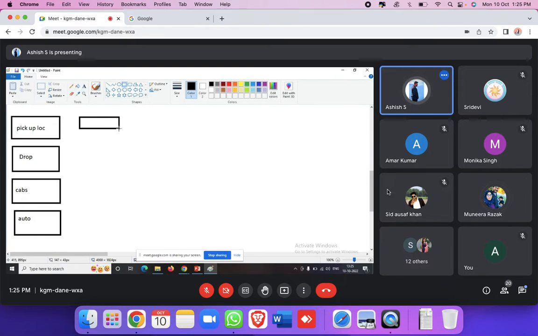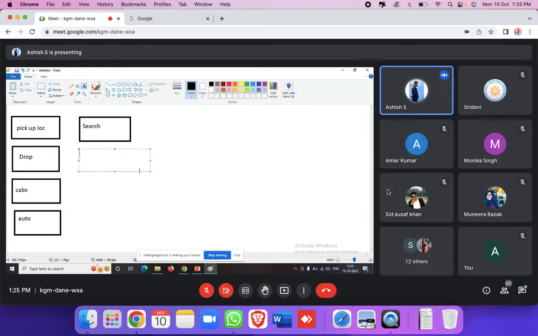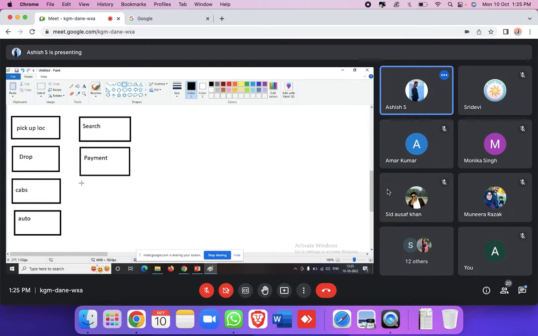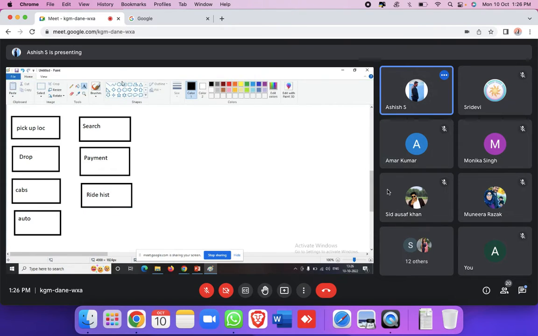Then we have search. Okay, search, payments. Then what are we having? Promo code activities. History, ride history. Can we take ride history? Then what all do we have?